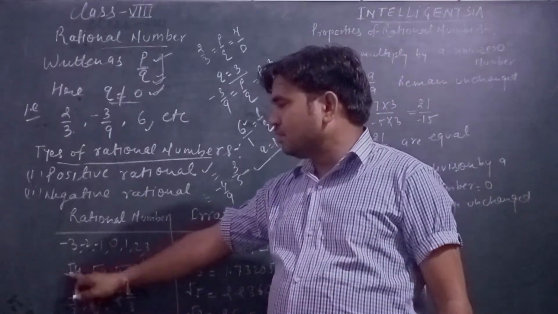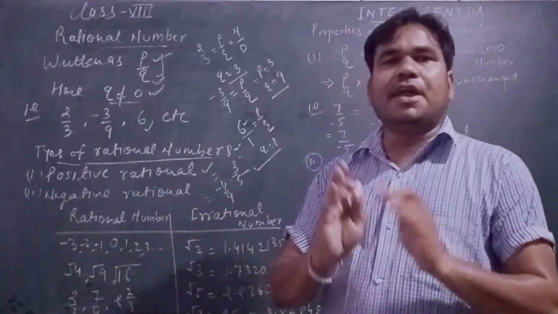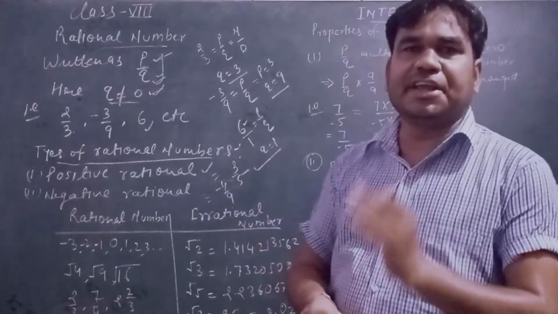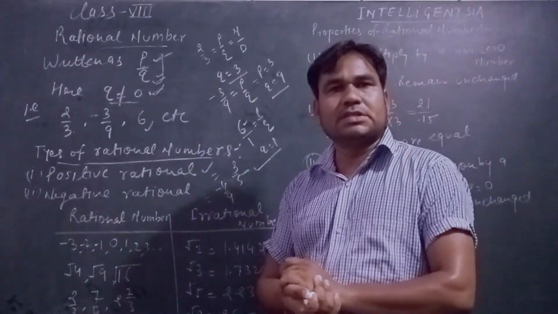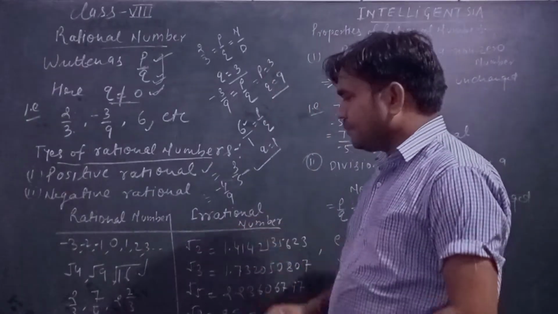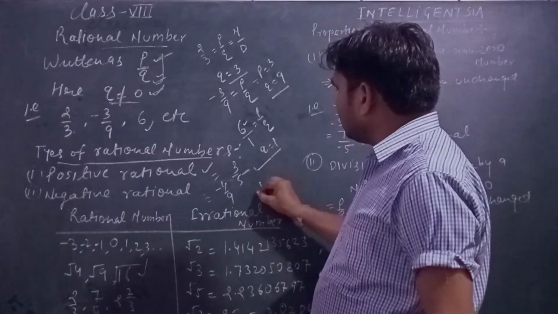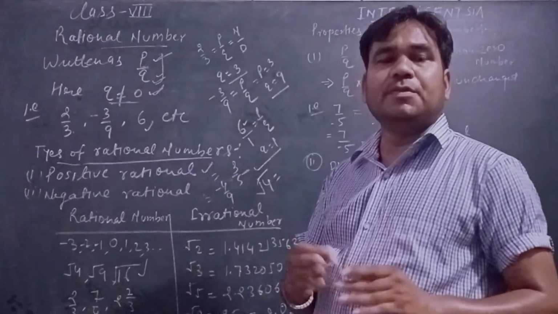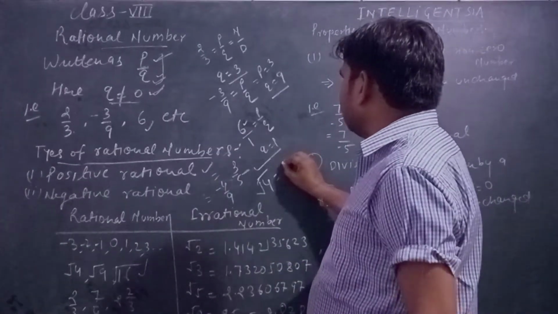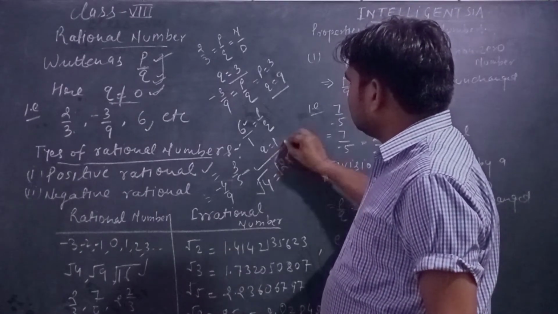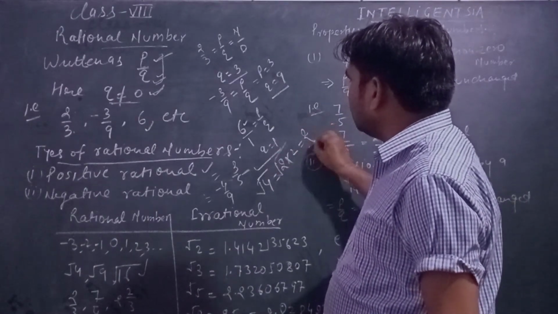And second, when any number can make a square root completely and gives a whole number, it means to say, that is root 4. Root 4 makes a complete square root and gives a whole number 2.